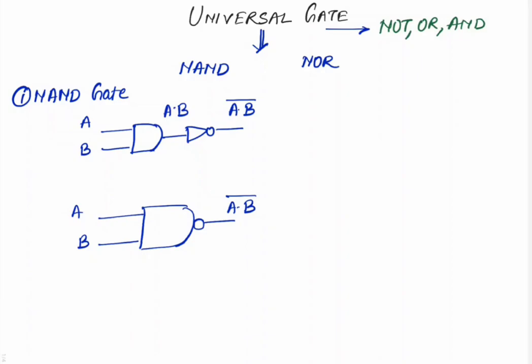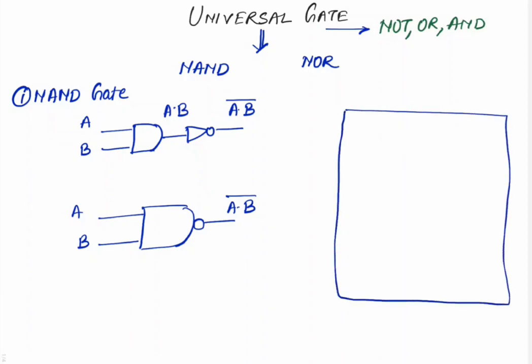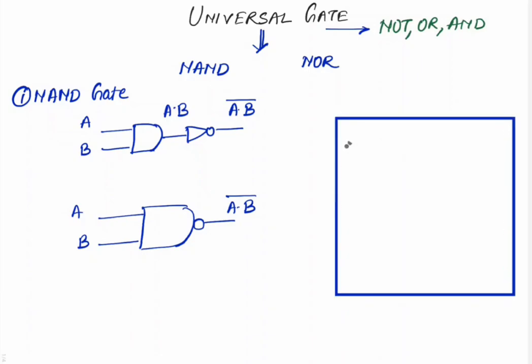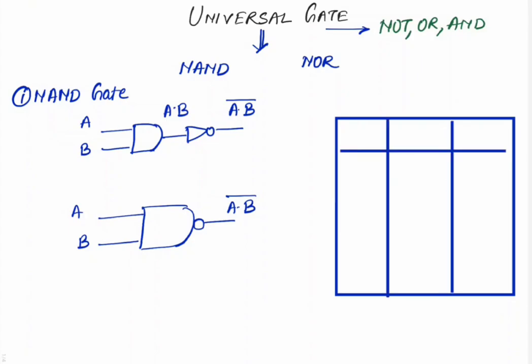Now let's try to make its truth table. As you can see from the diagram, we have two inputs A, B, and the output is A dot B the whole bar. The bar is nothing but the reverse of it.